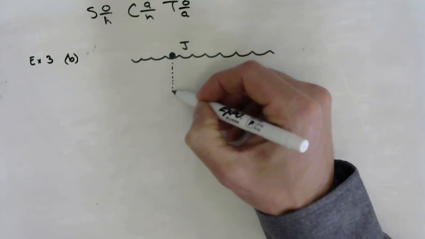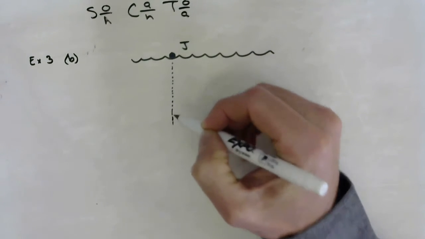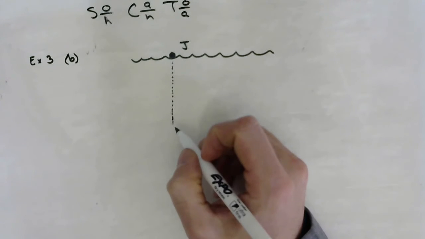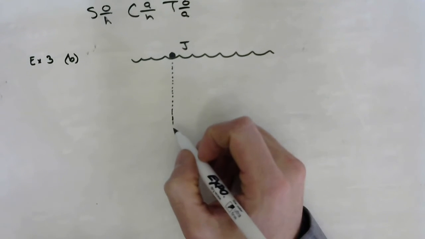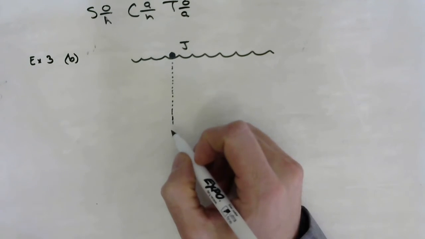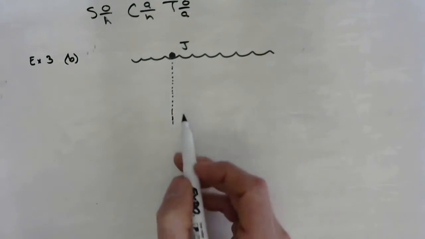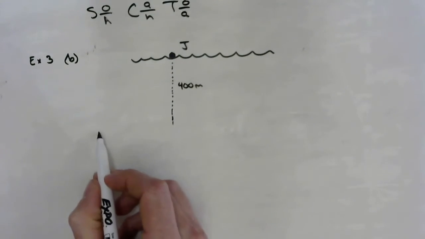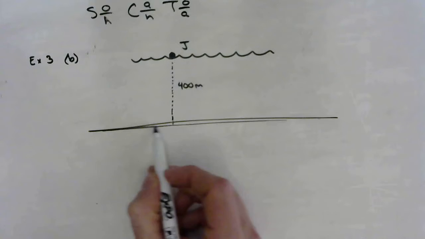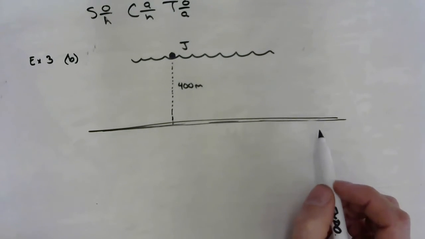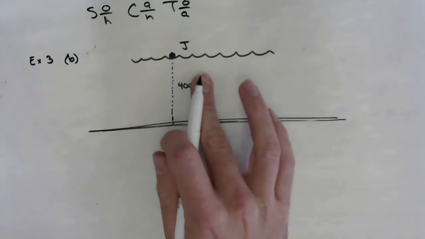His radar reads 500 meters. The submarine is cruising at a depth of 400 meters below sea level, so let's say this is 400 meters, and it could be anywhere along this line. Does that make sense? And we know that it's 500 meters away from his ship.